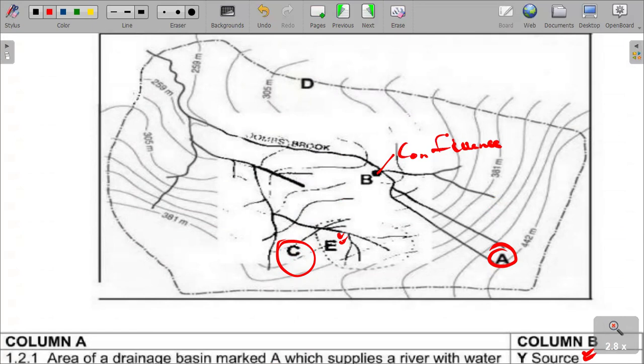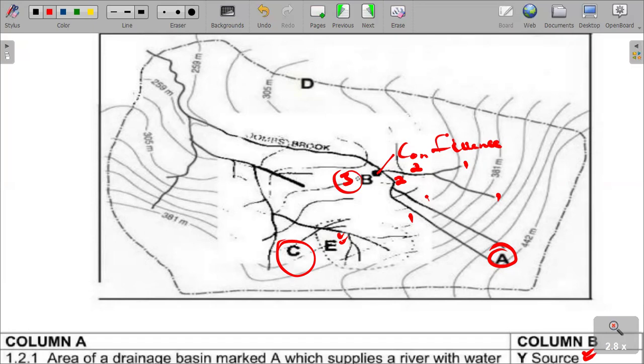If streams of the same order meet, they form the next higher order. For example, this is first order and this is first order; because first order streams meet, they form a second order. Again, this one is first order and the other is first order; they meet here and form second order, which is at point number 3. We can have a third order stream formed there.